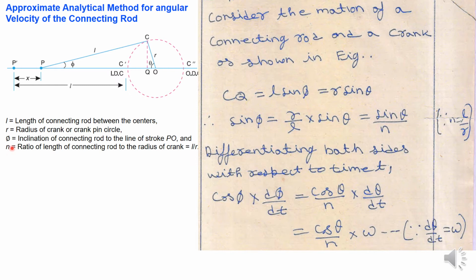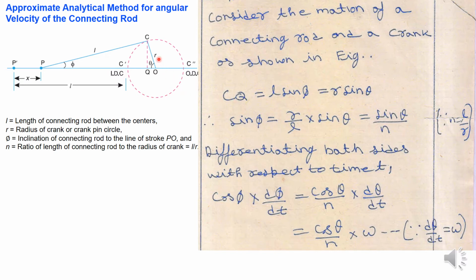Let's start. Consider the motion of a connecting rod and a crank as shown in the figure. Then CQ is equal to L sine phi, and that L sine phi is equal to R sine theta.